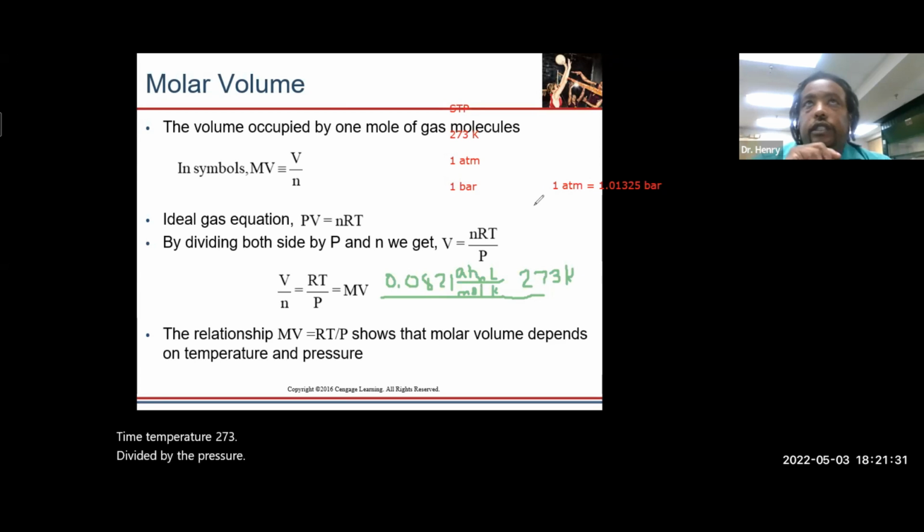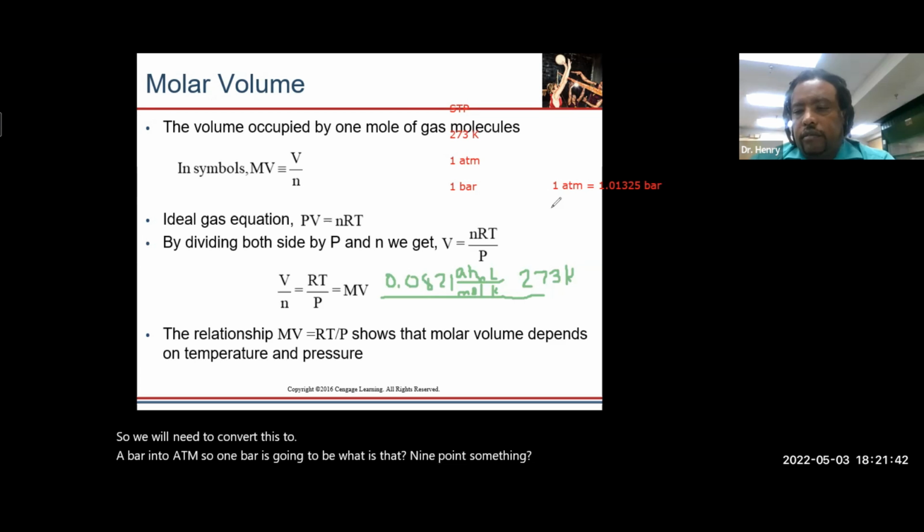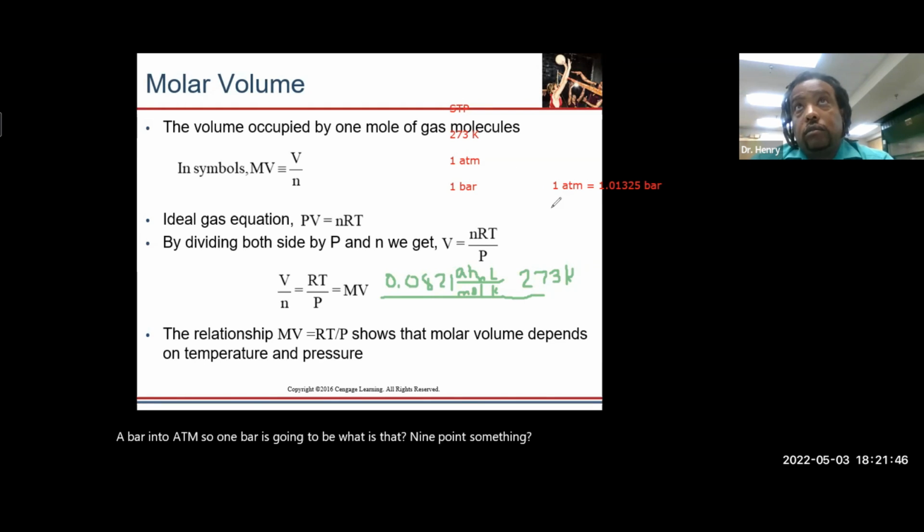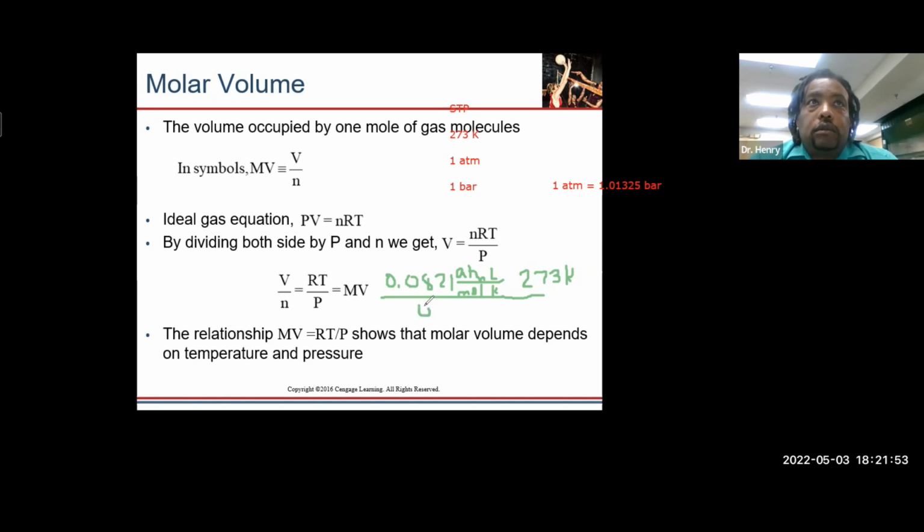So we'll need to convert this bar into atm. So 1 bar is going to be, what is that, 0.987 atm.